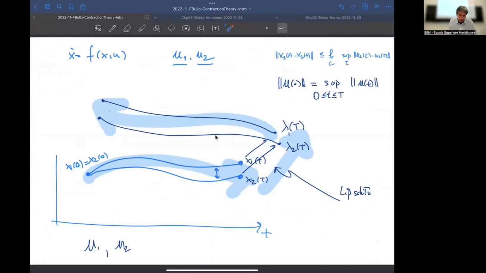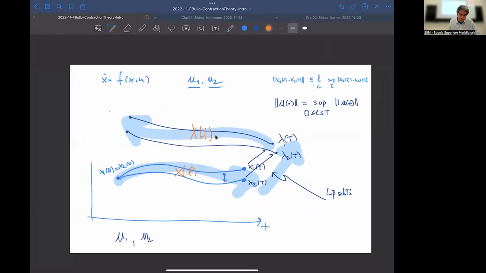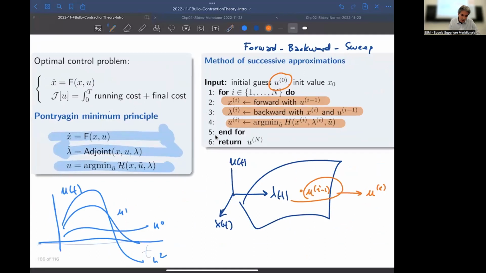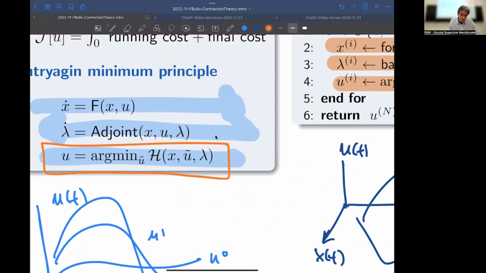Because I do these three things. First, I integrate forward, then I do a change, and then I integrate backward. Every operation is Lipschitz. Then from formulas for x at t and lambda at t, I obtain a new value of the input. And when I do the pointwise argmin, I will make enough assumptions so that as you change the parameters of your function h, the new minimum of h depends in a Lipschitz way upon the parameters.